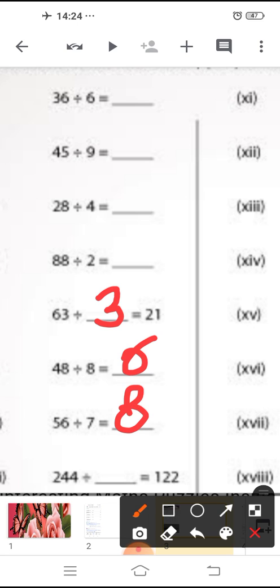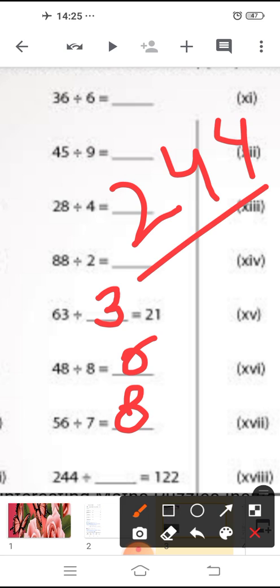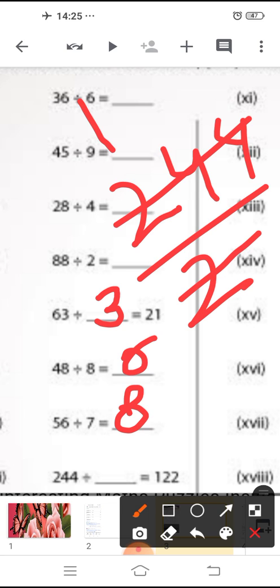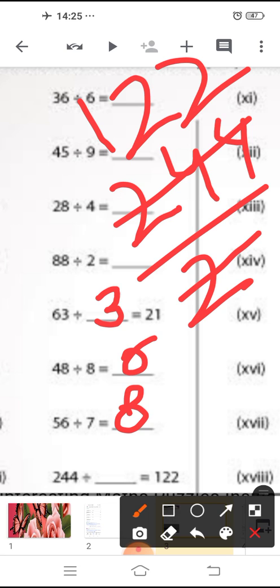Now 244 divided by what will give you 122? Let's check. How can we check? 244, the 4 is an even number. If we divide by 2, 2 ones are 2, 2 twos are 4.